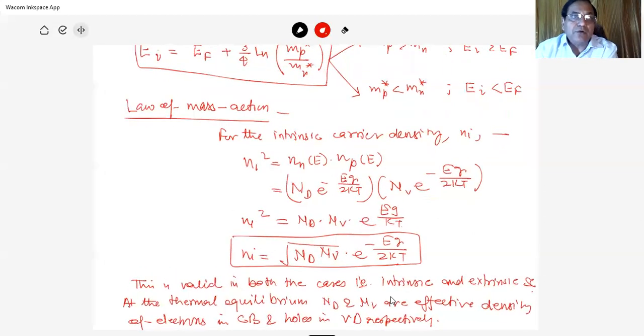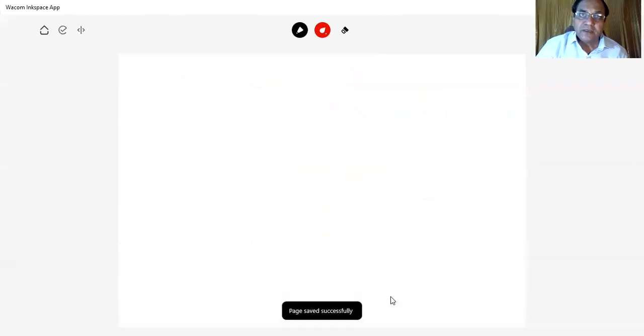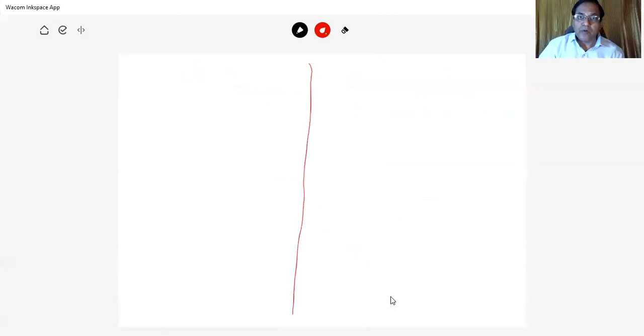Now we can have the variation of Fermi level in N-type semiconductor and P-type semiconductor.